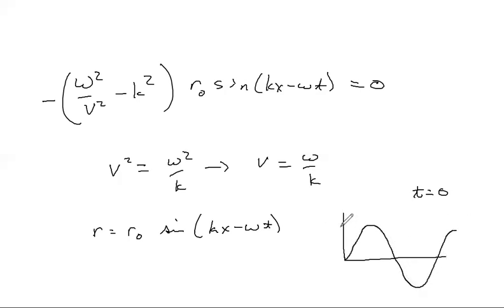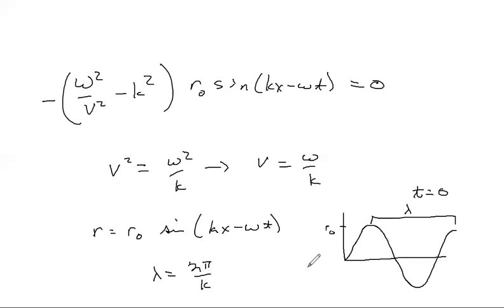The amplitude would be given by R naught, and you would actually get a wavelength, a distance from peak to peak at this snapshot. The wavelength is equal to 2 pi over k.